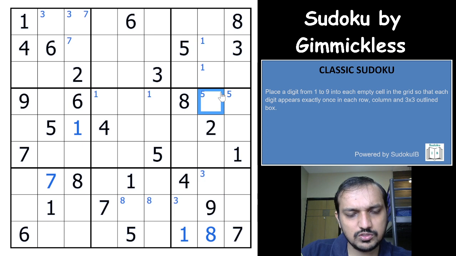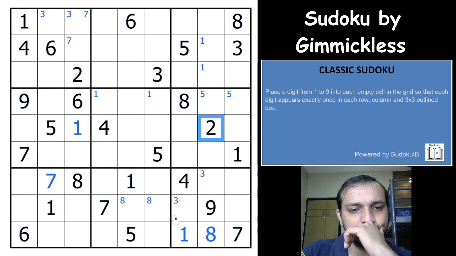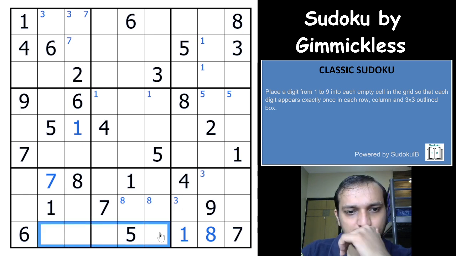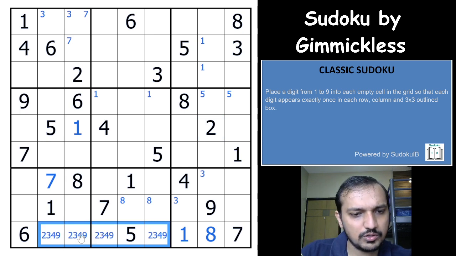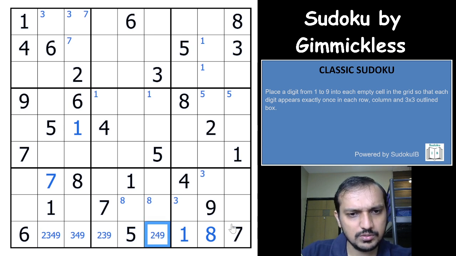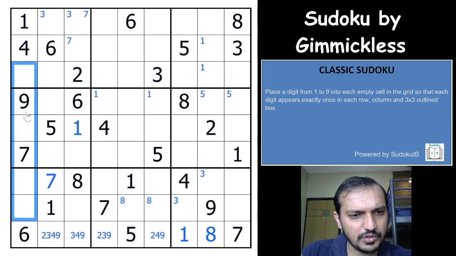3 is in one of these two cells. 3, 2, 5, 6. 2, 3, 4, and 9. You cannot have a 2 here, 4 here, and 3 here, right? Not much help here. You can have 2, 3, 5, and 8.